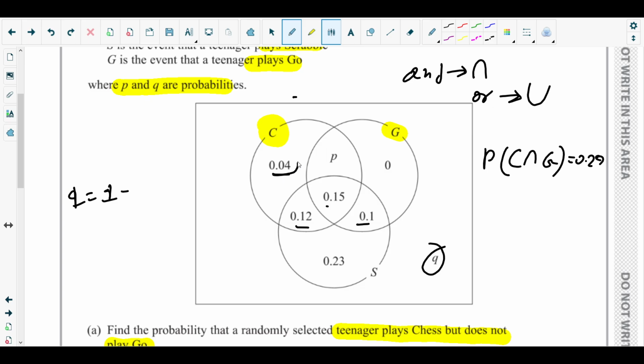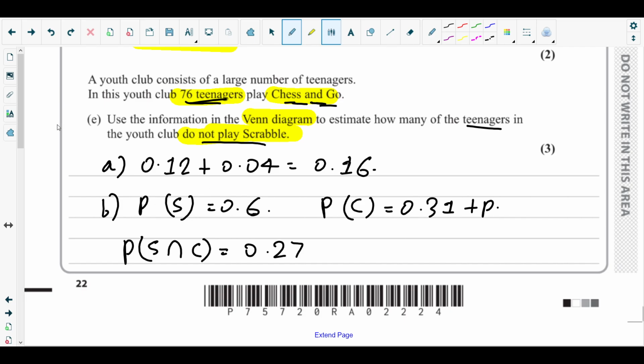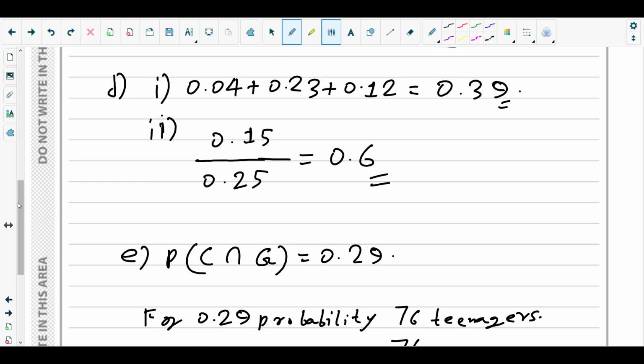So that would be the total probability of teenagers who do not play Scrabble. This is 0.04 plus 0.14 plus 0.22. 0.04 plus 0.14 is 0.18, plus 0.22 is 0.4. So this is 0.4, and that would be not conditional definitely.